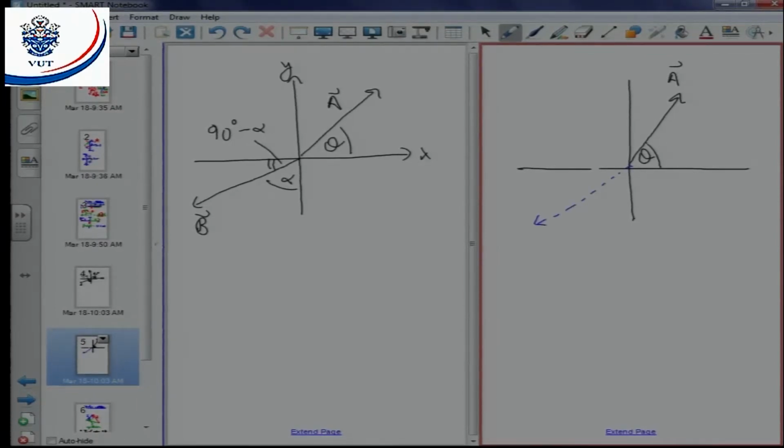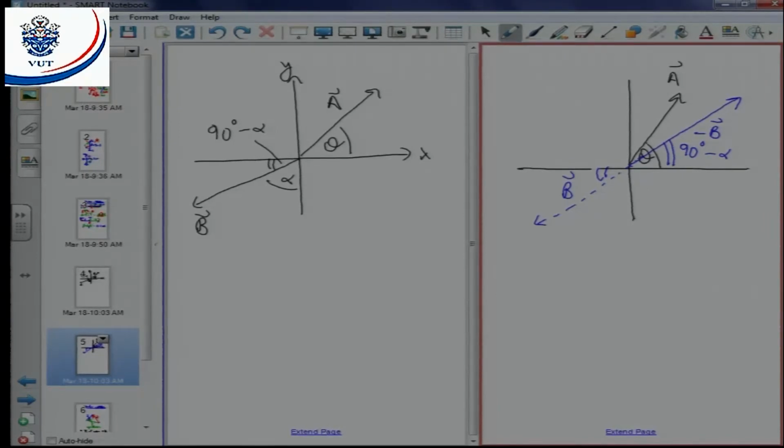So now minus B is the opposite of B. I reverse, I draw along the same line, the same vector. So minus B, if this was B, that's our minus B. It's in the opposite direction, same magnitude but opposite direction. So the angle it forms over here is the same angle as this one, that's 90 minus alpha.